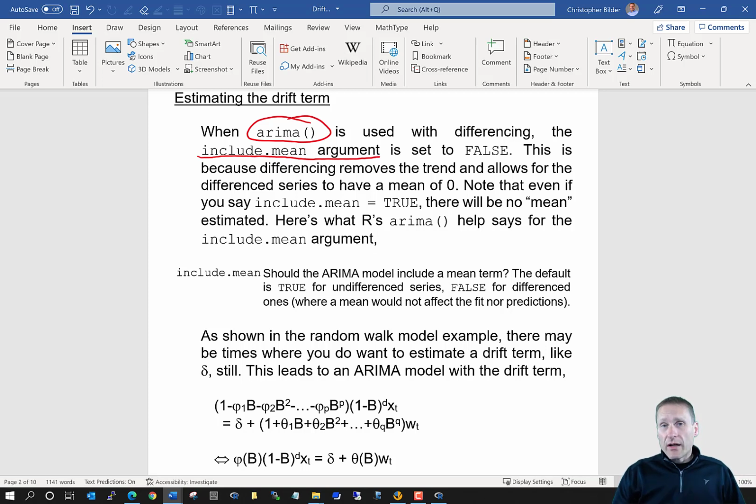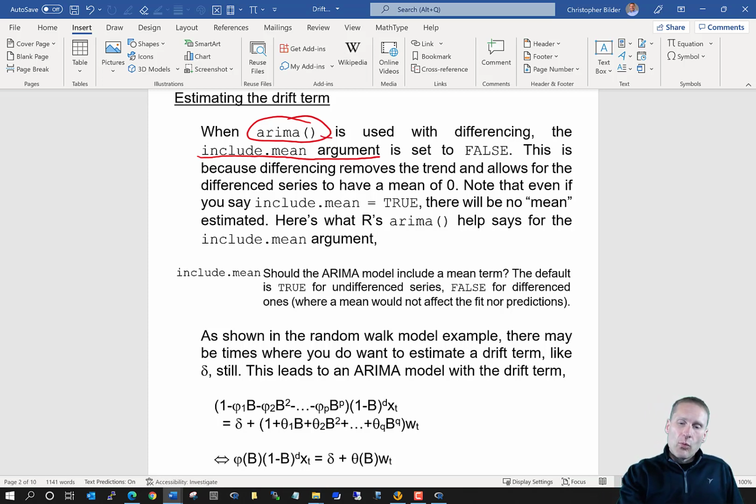Obviously, with a random drift case, we don't have a mean that's equal to 0. So maybe you might think, well, could we just somehow have include.mean equal true in there and somehow get at that random drift term? And the answer is actually no, we can't.